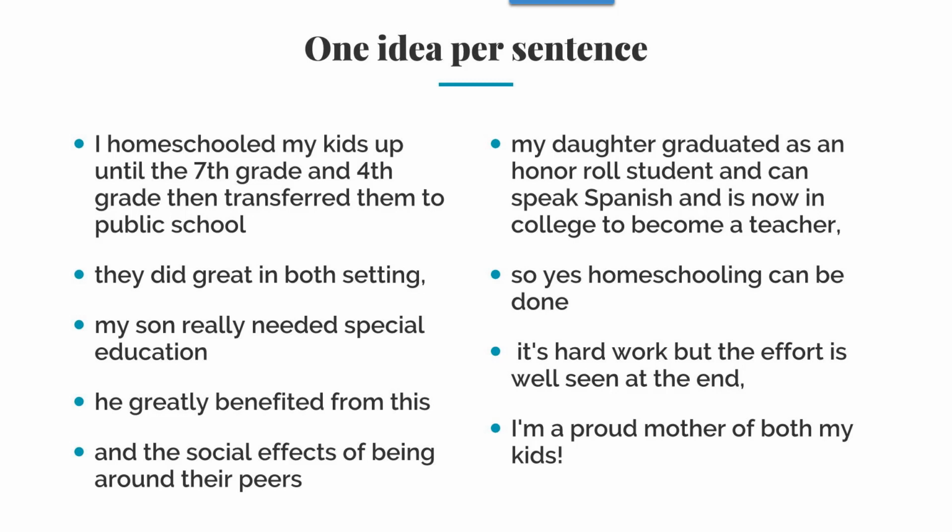And the second bullet on the right, yes, homeschooling can be done. All right, so those are her main ideas. Was this effectively communicated? No. One, I'm glad she's a proud mother, but one long sentence that includes all of this makes me doubt whether she was the best writing instructor in her homeschooling environment.